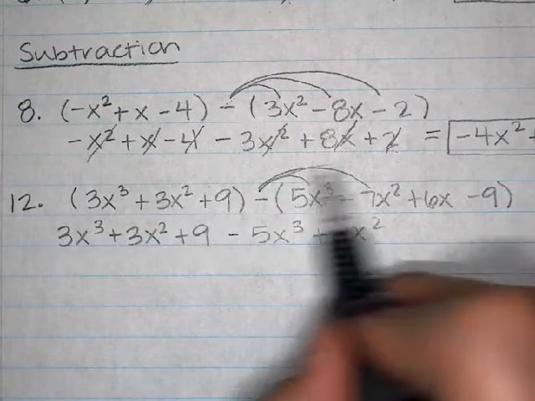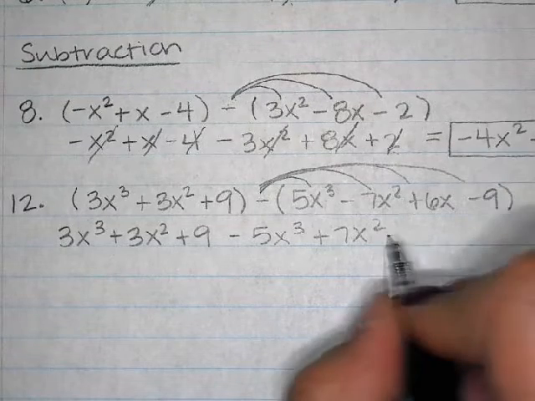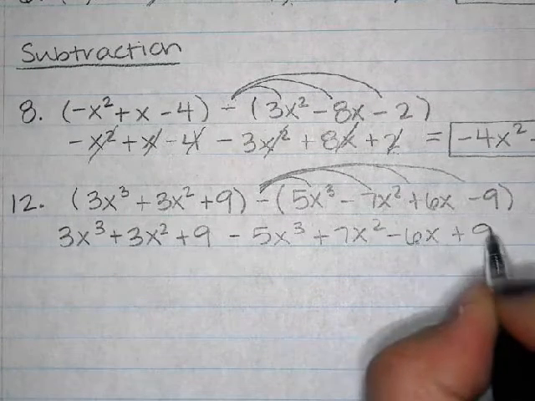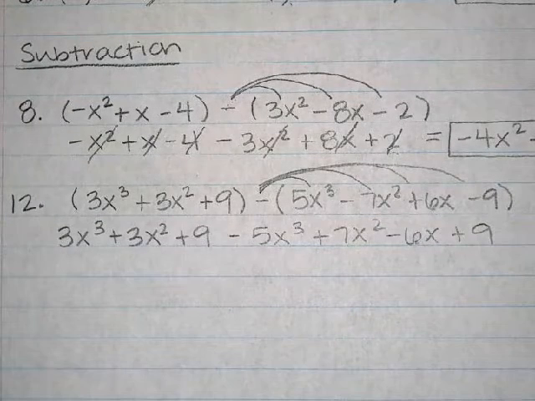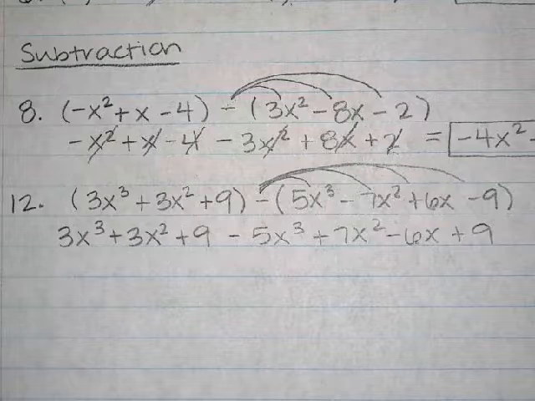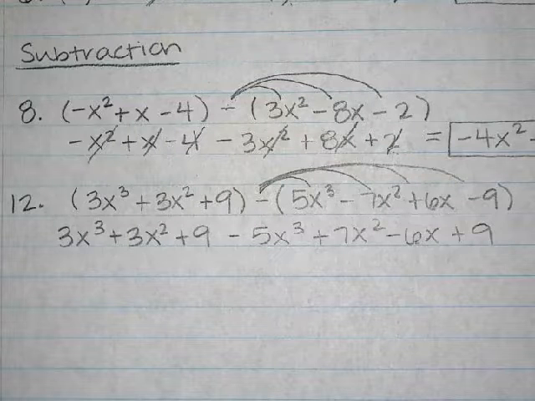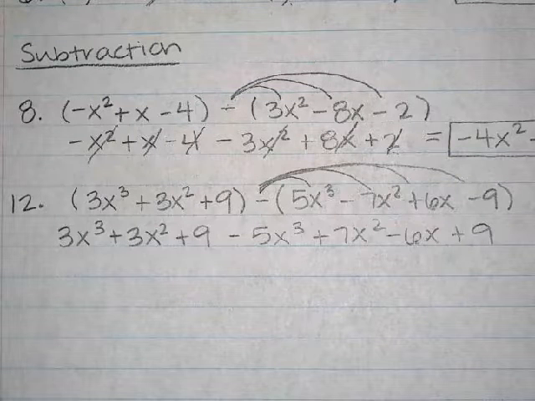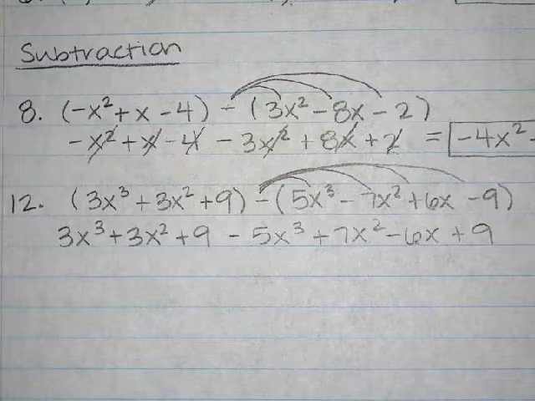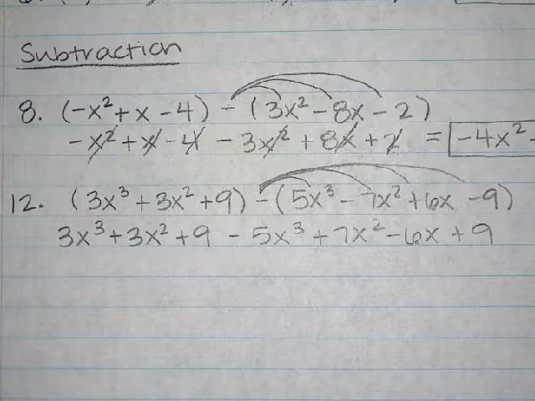Perfect. Minus 6x plus 9. Okay. And once we have all of the terms written out and we've changed all of the signs, then what do we do?